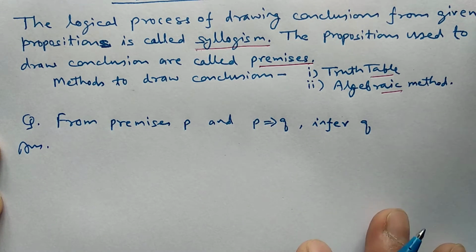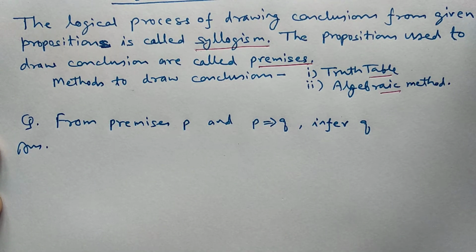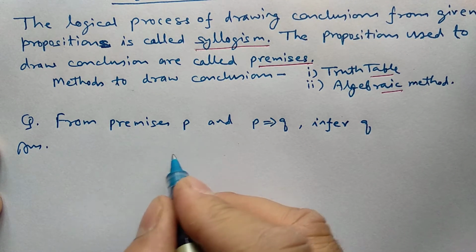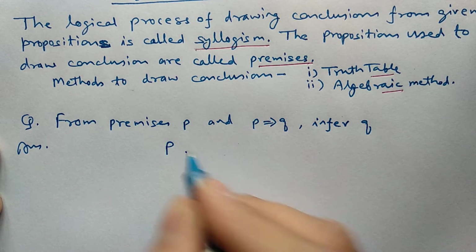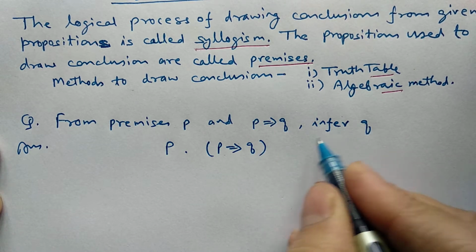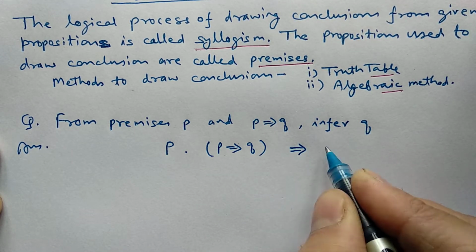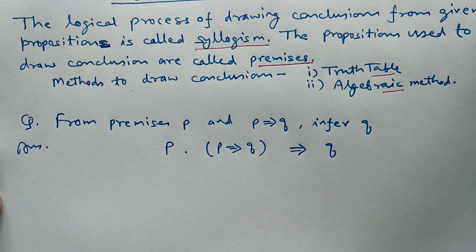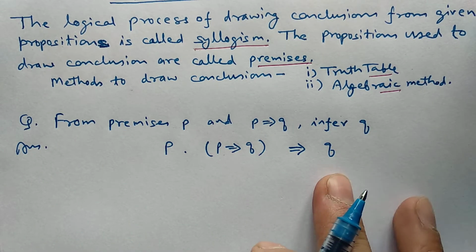First of all, convert this into a proper expression. P and, we know the sign of and, P implies Q. Infer means concluded, and a sign will be used for that. So this statement we convert into a Boolean expression.